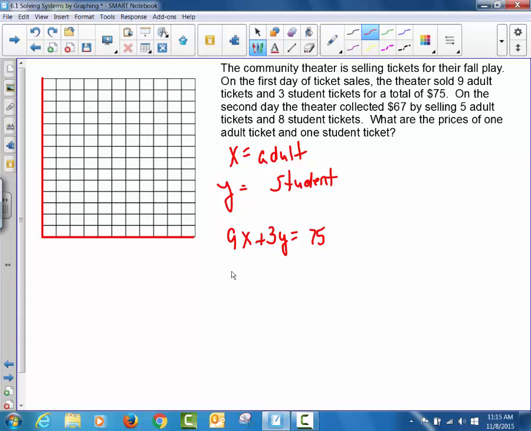Then on the next day we sold 5 adult tickets and 8 student tickets, and we raised $67. So now we've got 2 equations, which gives us a system of equations, and now we need to graph that system of equations.